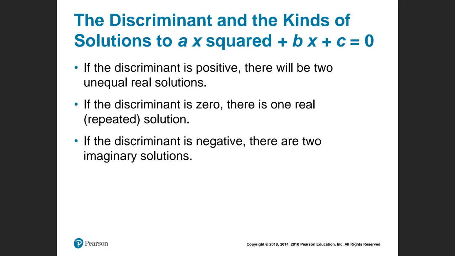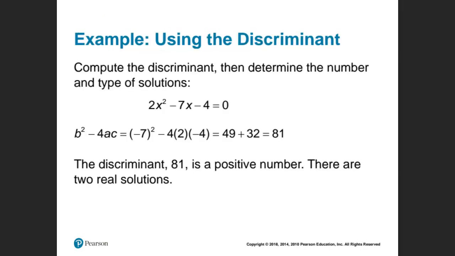Okay. If the discriminant is positive, like 4 or 2, there will be two unequal real solutions. If the discriminant is 0, there is one real or repeated solution. If the discriminant is negative, there are two imaginary solutions. So look at this example.